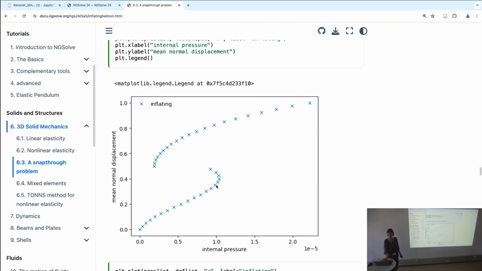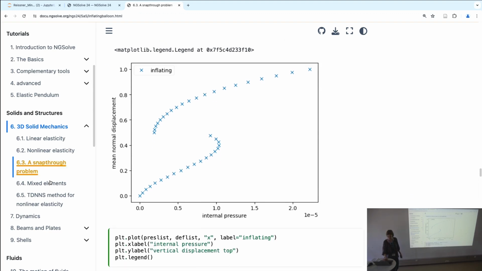We go up with the pressure. Up to here it would work if we increased pressure just by prescribing it. Here it would break down at this point. For our case, we lose some pressure. There is some second buckling mode evolving in this convex-concave structure. And then we have the snap-through, and then it's stable again. Okay.